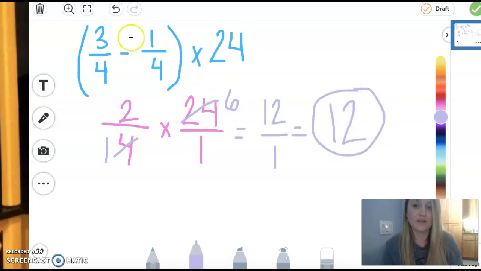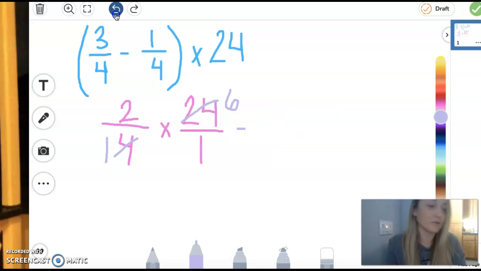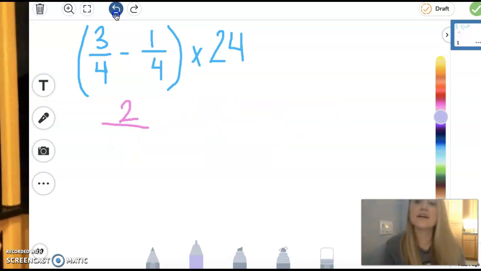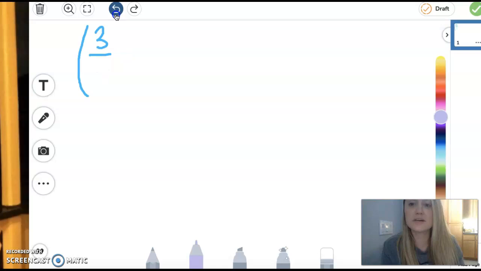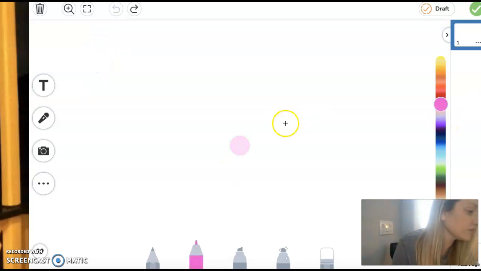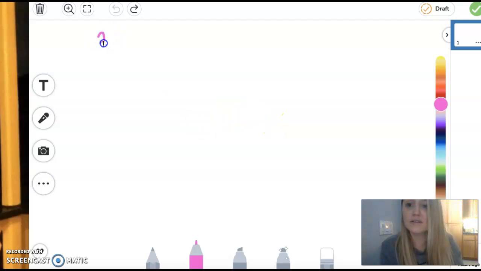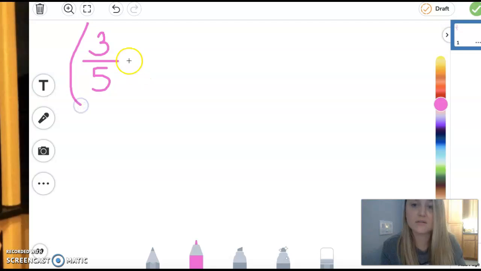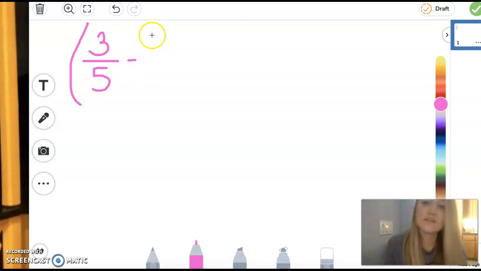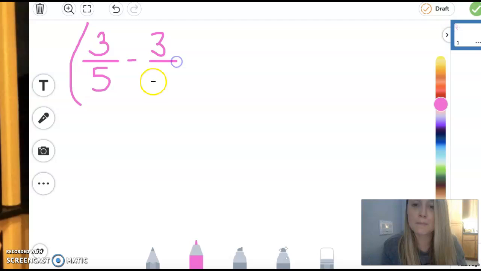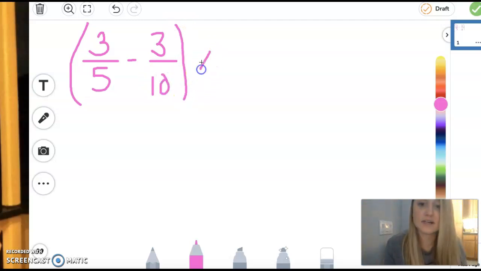Okay, and then for the other one, this one has a little extra step here. So they did 3 over 5 minus 3 over 10 times 30.